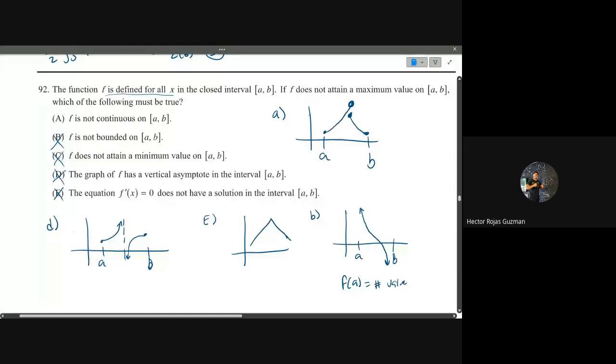Technically, this doesn't have a maximum because the highest point would be the open circle. But since it's not defined, you can pick a point closer and closer to the open circle, but there's always one higher. And since the actual open circle is not defined, you don't have a maximum. So I'm going to say A.